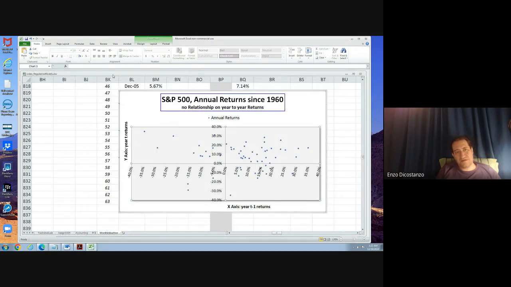Click here, insert. It says price. Okay, it says price will follow a random walk.